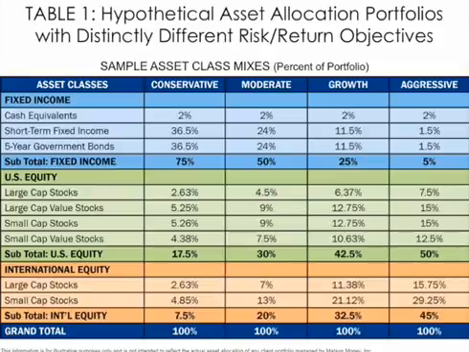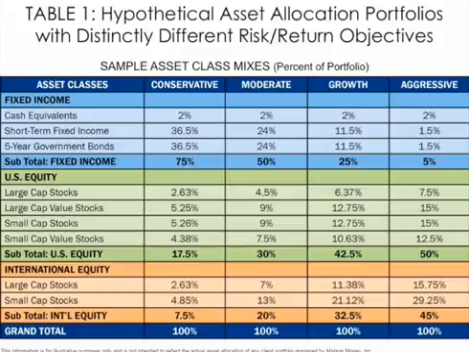So let's begin by looking at table number 1. Now, we've created 4 hypothetical asset allocation portfolios, and each asset allocation portfolio has a distinctly different risk return objective. And although that may sound like a mouthful, basically what we're saying is that you, as an investor, need to understand where your portfolio is on this particular spectrum of conservative, moderate, growth, and aggressive.